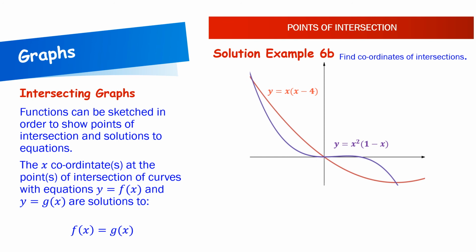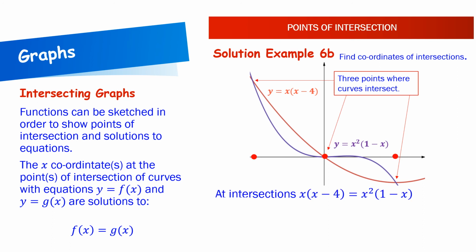Part B requires us to find the coordinates of the intersections. There are 3 points where the curves intersect in our example. At the intersections, x times x minus 4 is equal to x squared times 1 minus x.